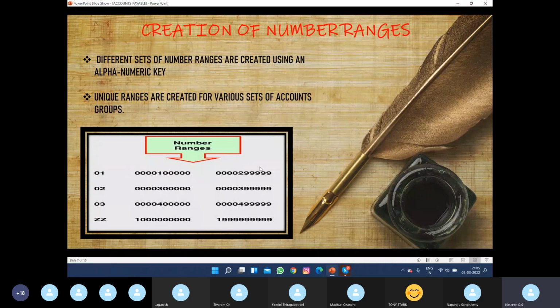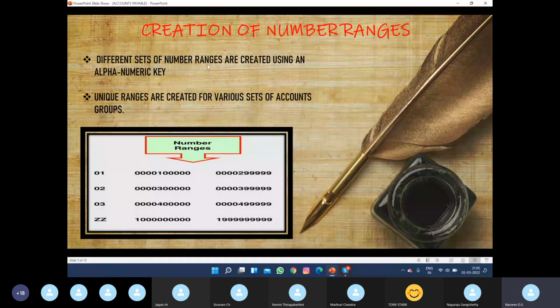All the vendors under the particular account group are given a number which ranges from 1 lakh to 2,99,999. So number ranges are the different sets we assign so that we can maintain and keep track of all the vendors that we have.